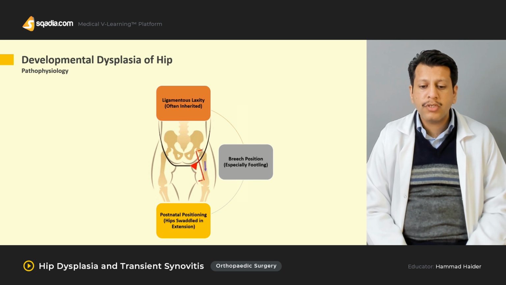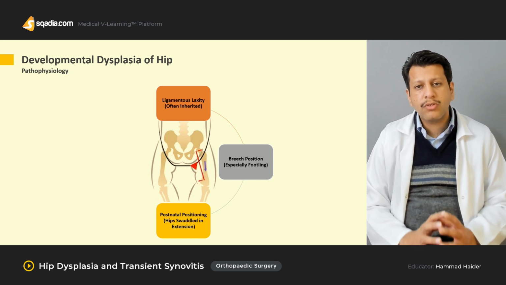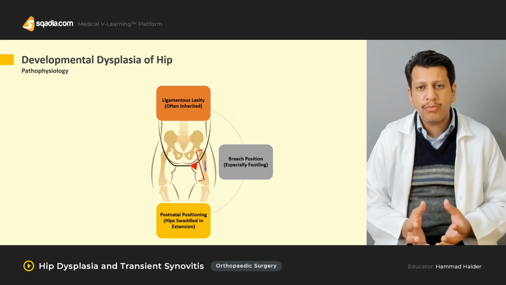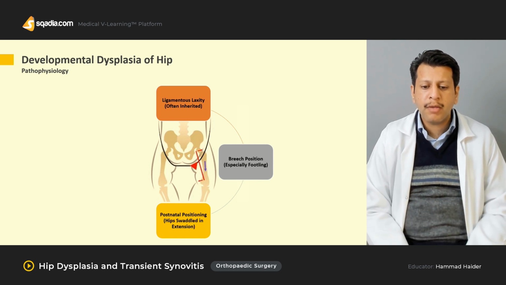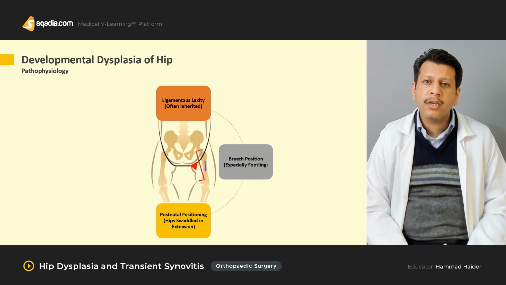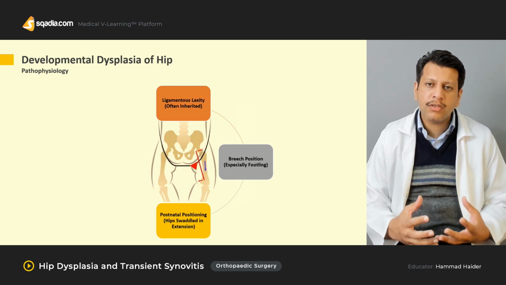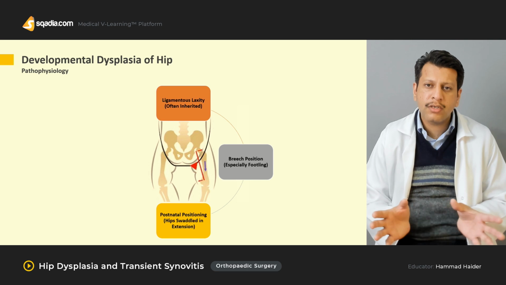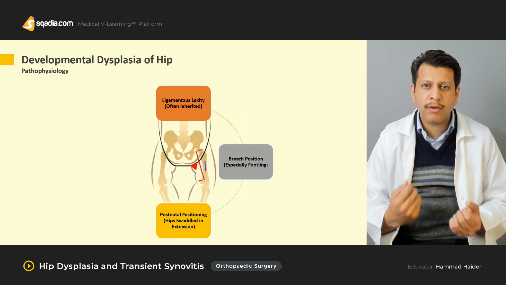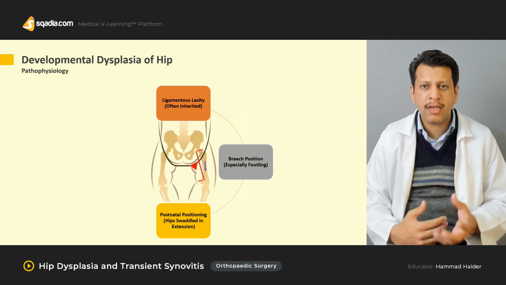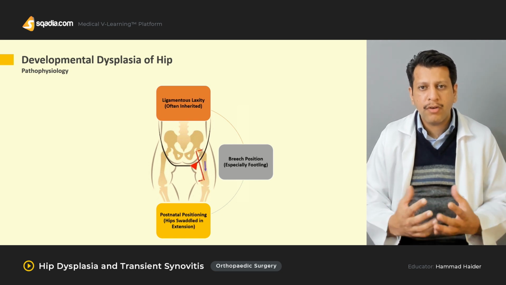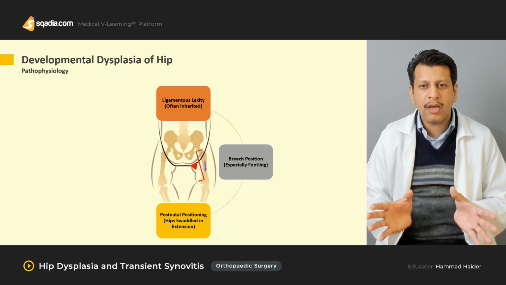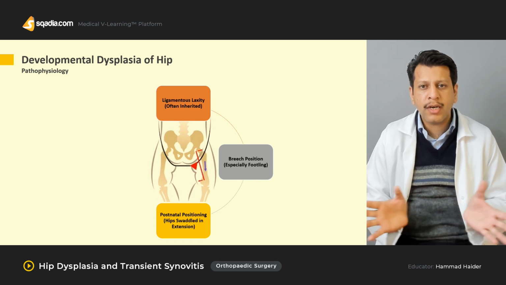Then postnatal positioning. Usually this is all related to in utero positioning, and sometimes it's postnatal as well, in which the hips are swaddled in extension. In certain cultures, there is a tendency to tie the child behind their back, and when the mothers go to work, they put the babies in a certain position in which the hips are flexed, externally rotated and abducted.